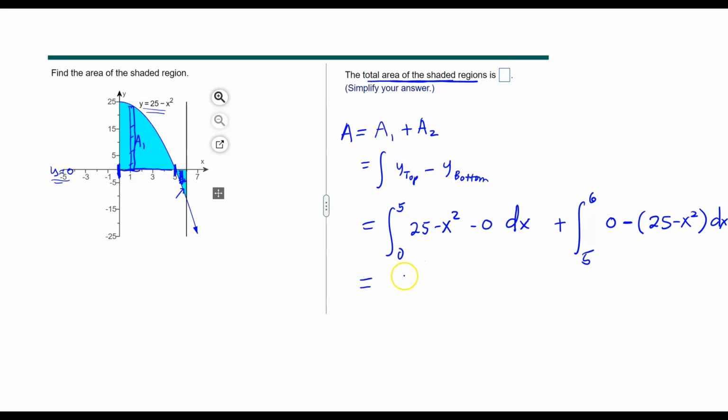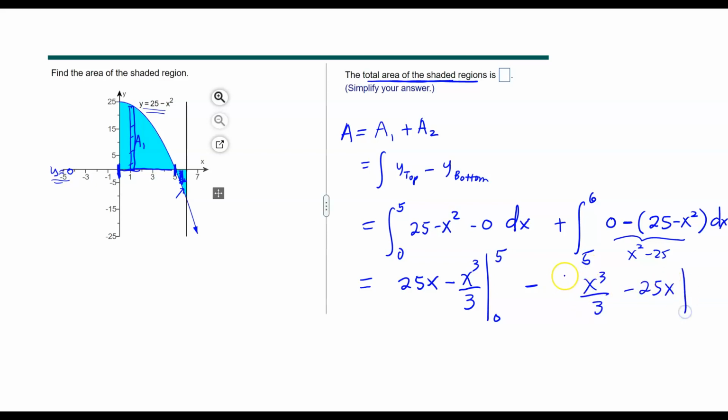So you have 25x for this, and minus x cubed over 3. Evaluate that from 0 to 5. Here, you may rewrite this as x squared minus 25. So you will have x cubed over 3 minus 25x. Evaluate that from 5 to 6.